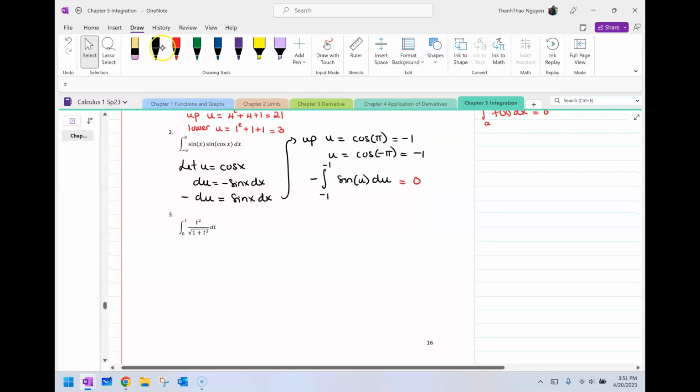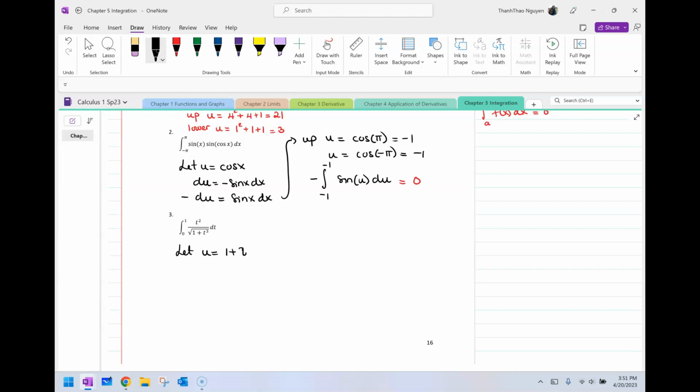The next case, I'll go ahead and let u equal 1 plus t to the third, du equals 3t squared dt. So 1/3 du equals t squared dt.